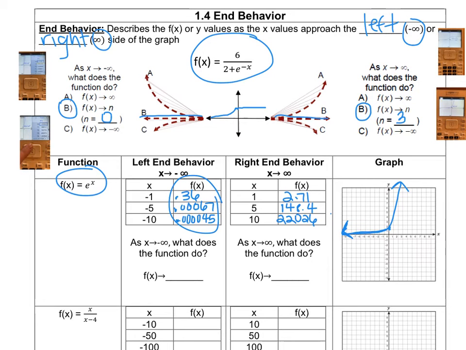Whenever we're describing end behavior, we're either going to say points up, levels out, or points down, okay? So up here, you may want to write that by A, points up, B's, levels out, and then C's, points down. So this graph leveled out, and my f of x values were approaching 0.